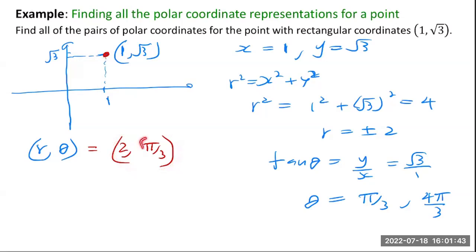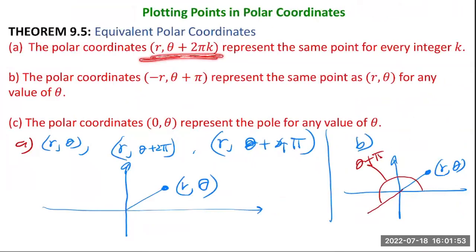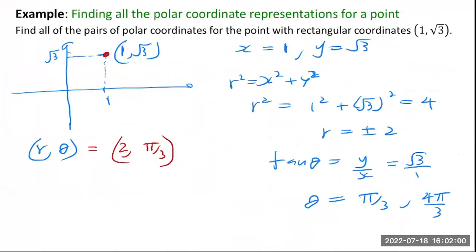And when you write 2 comma pi over 3, remember you can always add 2 pi k to this, from the previous theorem we discussed. Even if you add 2 pi k to your theta, that point is going to be the same. So pi over 3 plus 2 pi k will still be the same point.